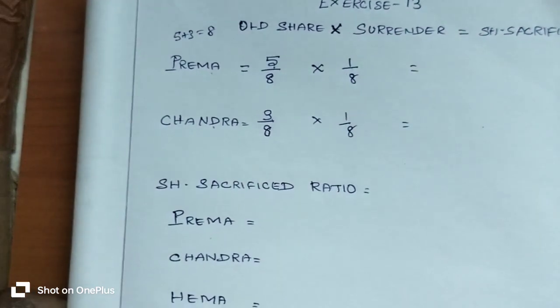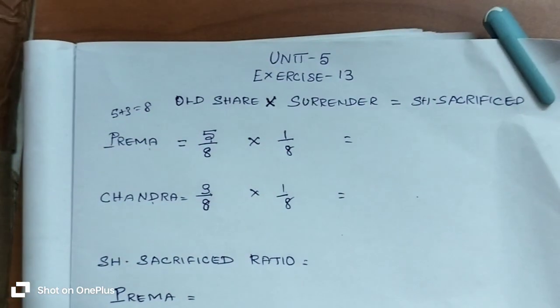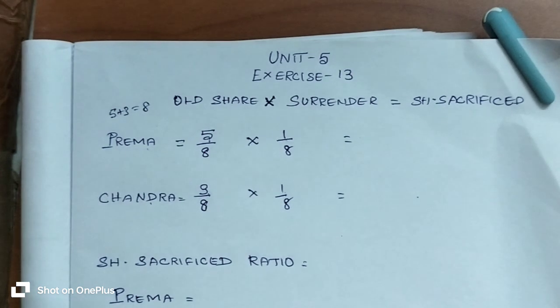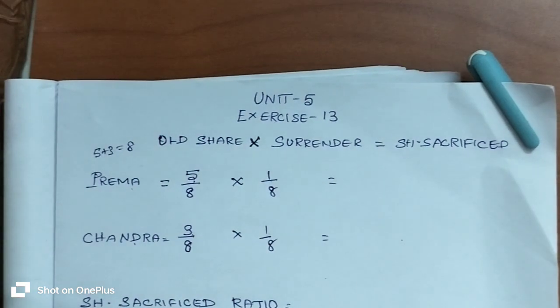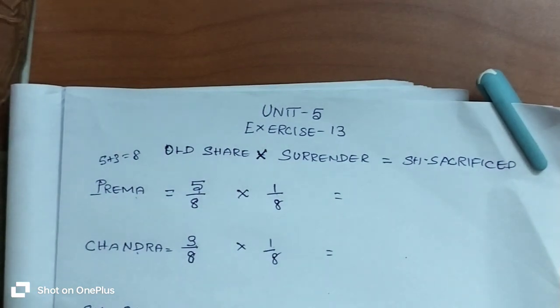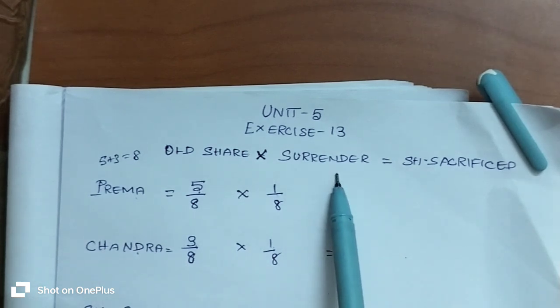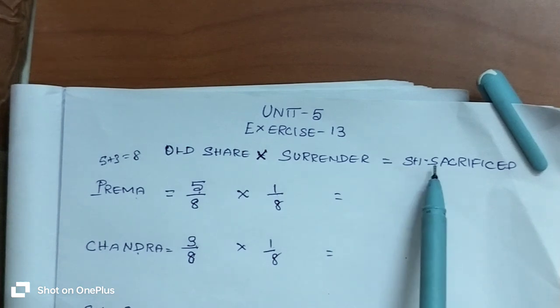First of all, we have to find out the sacrificing ratio. Why? Because from the sacrificing ratio only we are going to find out the new profit sharing ratio. Whenever you see the word surrender in admission of partner, how can you calculate the sacrificing ratio?